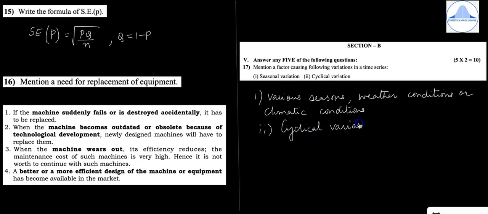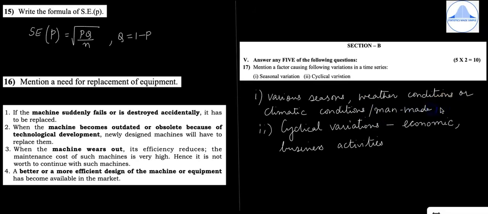One of the factors that causes cyclical variations in the time series is economic or business activities. Now here under seasonal variation, there is another option also. It can be because of man-made conventions.